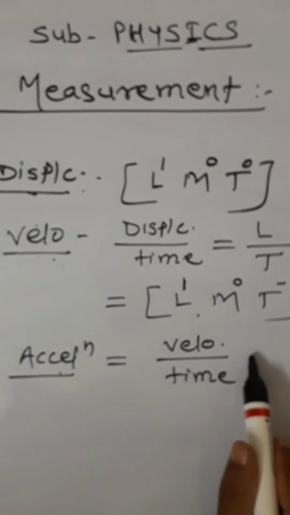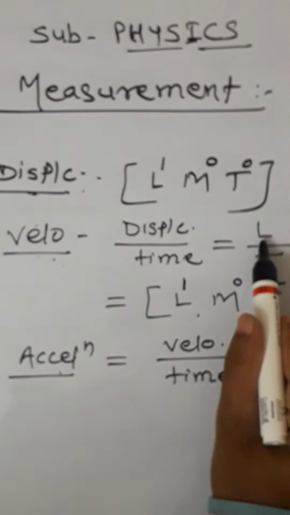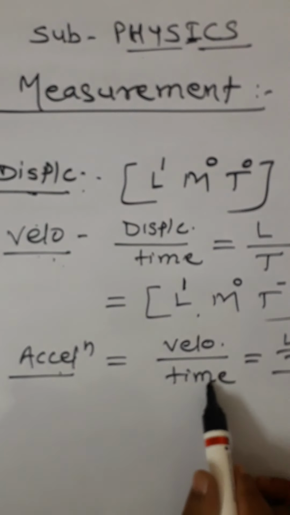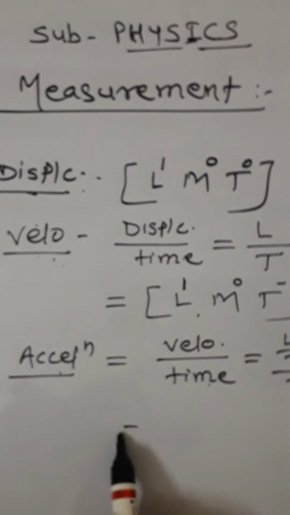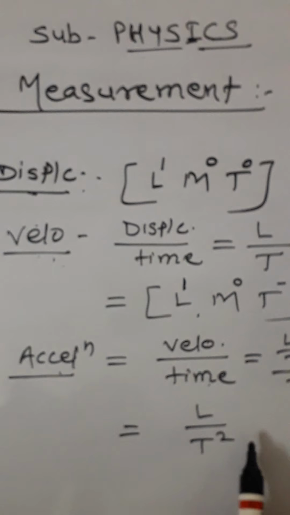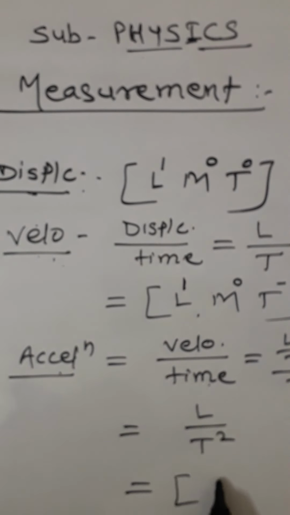Then again we have to write here the velocity is nothing but what? We have to write here L by t. Okay, L by t. Then again this time is the t. Therefore we have to also write here L by t into this 1 upon t, therefore L upon t square. Therefore dimension of this L upon t square is nothing but L, m and t.